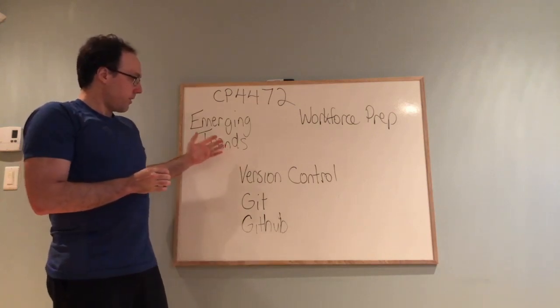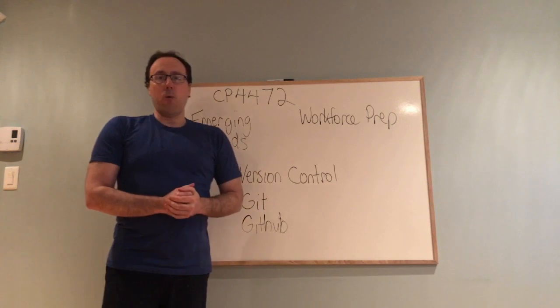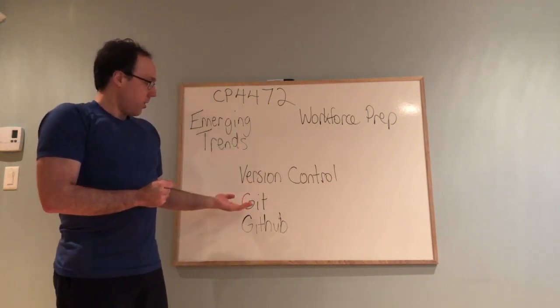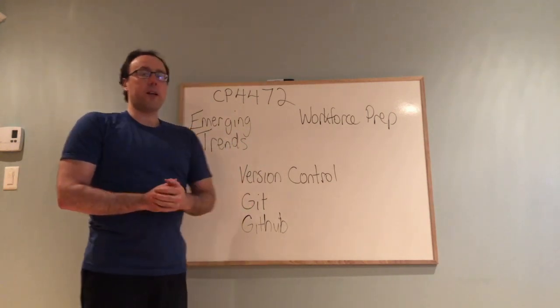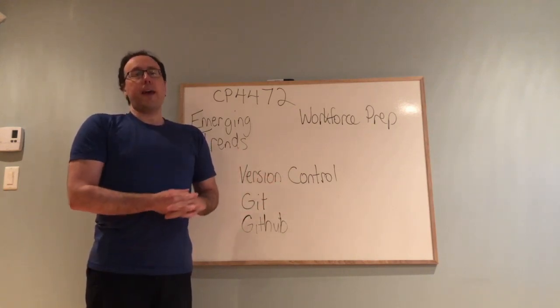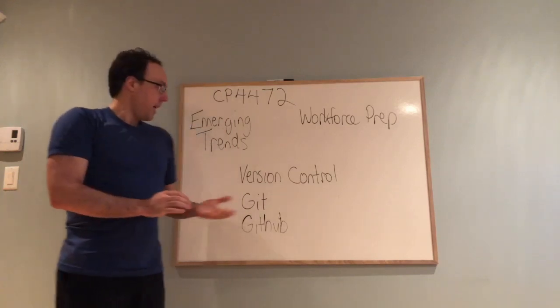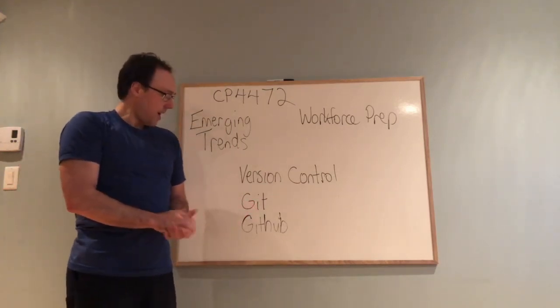Basically I want to start today with version control. We'll just talk really briefly about what it is. And in terms of version control, the system, the program, that I'm going to demonstrate and teach you in this course and you'll start using is called Git.